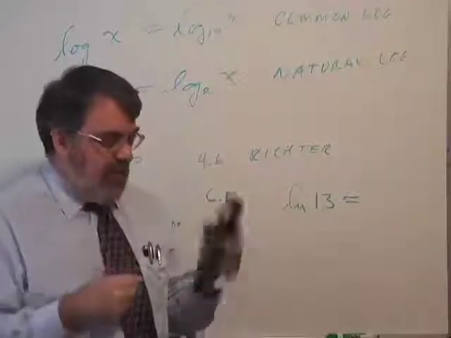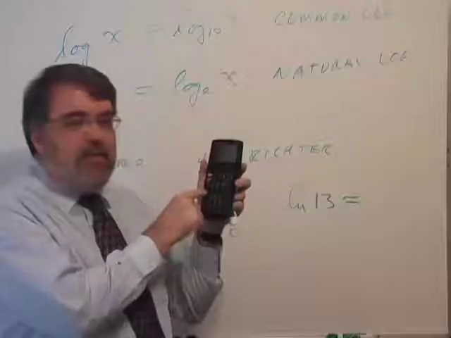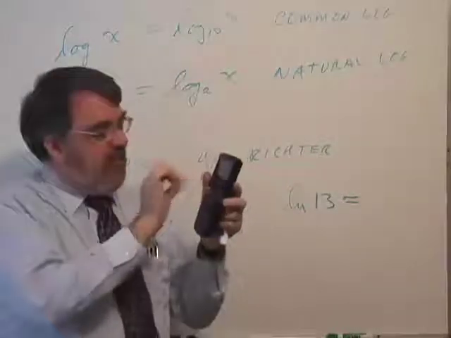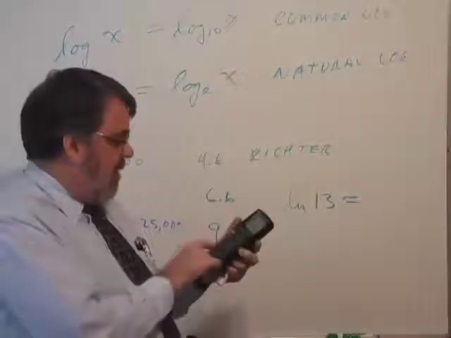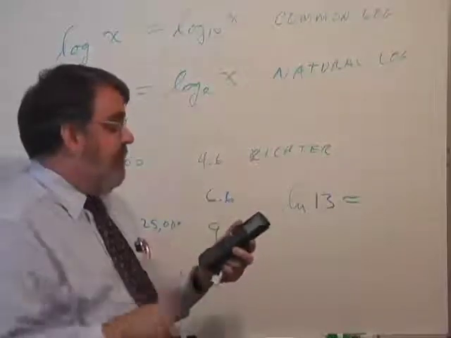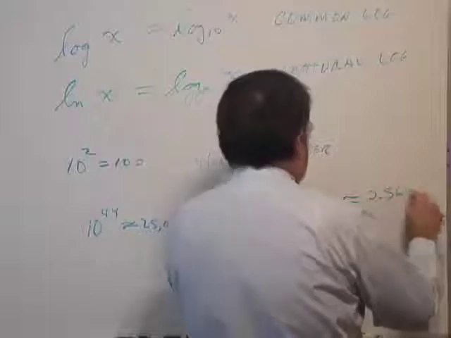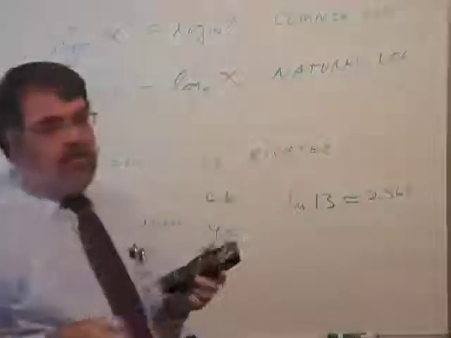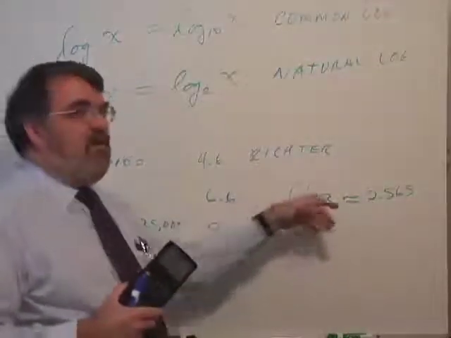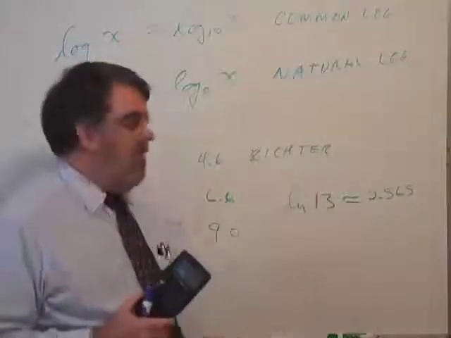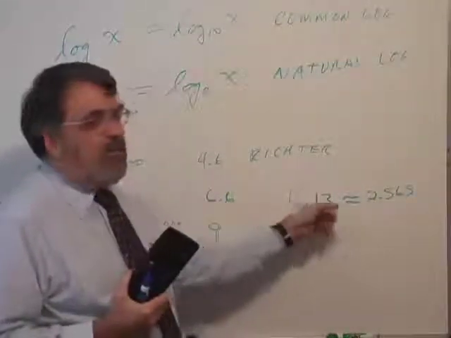But they're always together. On my calculator, ln is the button, and above it in fine print is the e to the x. So I'm going to hit ln 13. And I get approximately 2.565. You should get that. It's possible you have to hit 13 and then the natural log. On my calculator, you hit natural log and then 13.